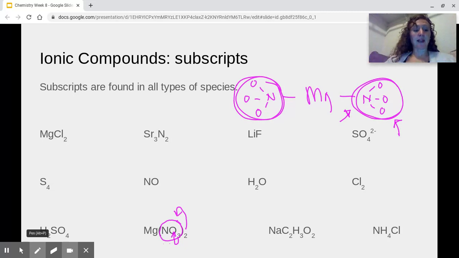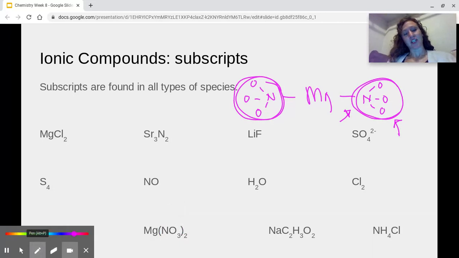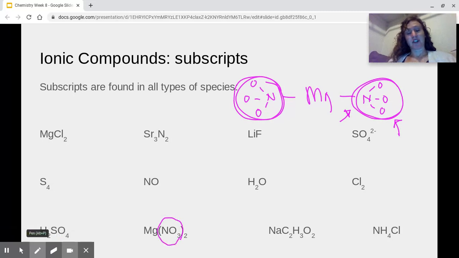Now, you may recognize this bundle. Hopefully you do. If you don't recognize the bundle that's inside of these parentheses, go look at your ion sheet. Can you name what ion that is? NO3. It must have a charge if it's an ion. And you'll find that it's nitrate. That's the nitrate ion. So we have 1 magnesium, we have 2 nitrate ions.